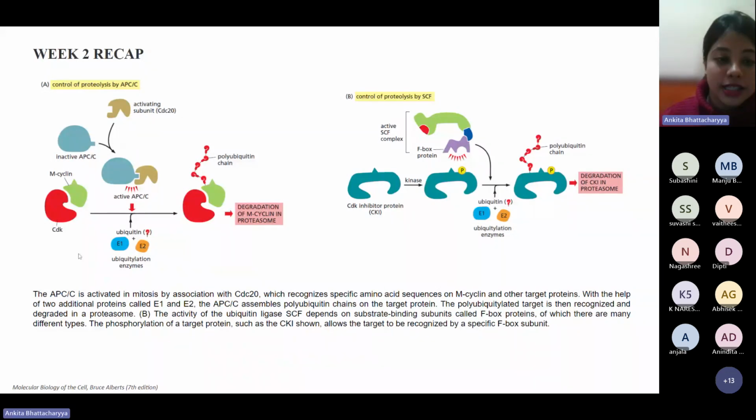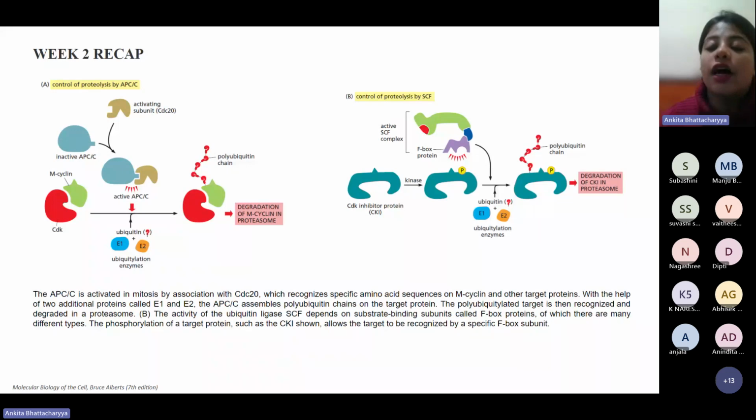When it is in its active state, it tags this M-cyclin CDK complex with polyubiquitin, which is indicated in these red question mark like entities, by two enzymes known as E1 and E2. These are ubiquitination enzymes that form the polyubiquitin chain. And this particular protein is now marked for degradation by proteasomes.